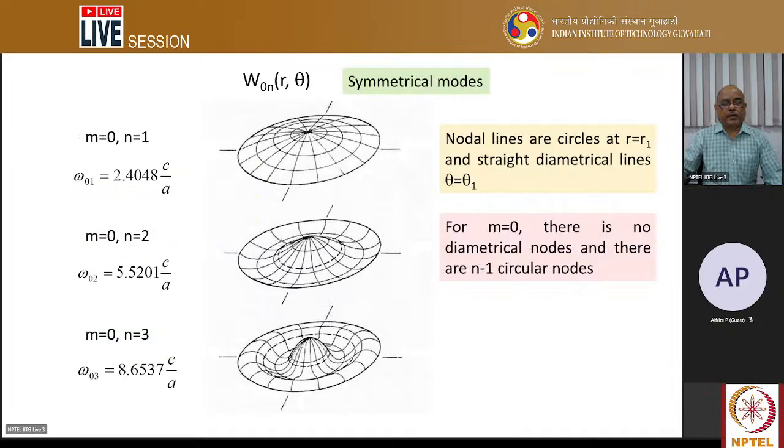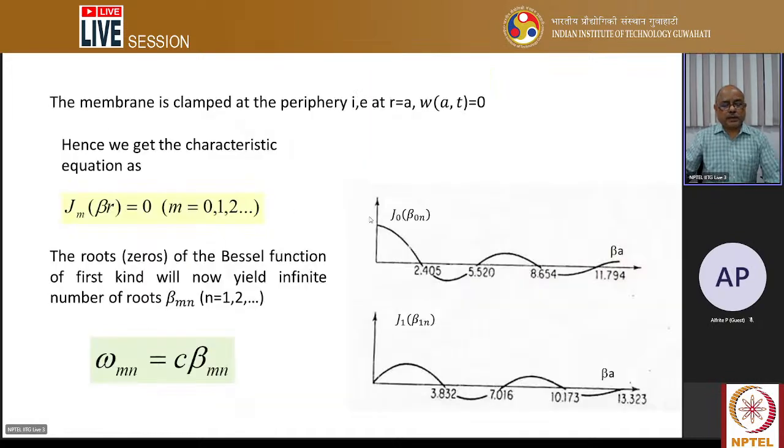Okay. Now you can see that mode shape frequencies are nothing but the roots of the Bessel function. So the first frequency is found from the Bessel function of first kind of zeroth order.